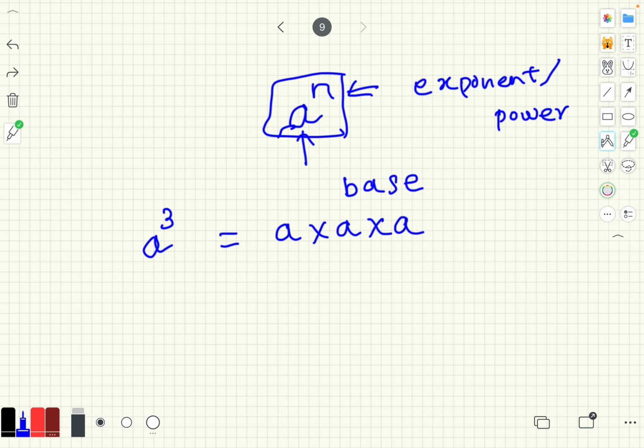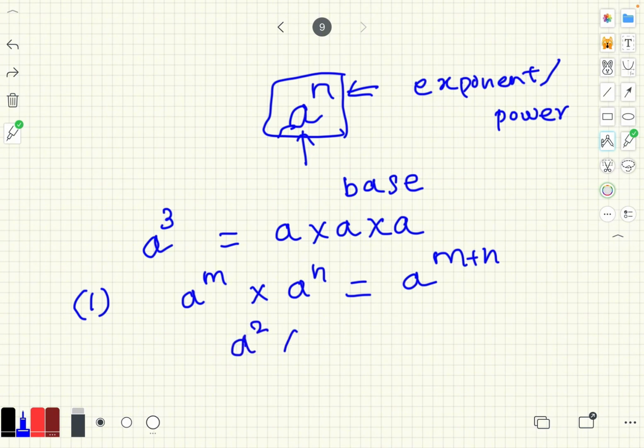Let's see the first law. The first law is a^m times a^n can be written as a^(m+n). Let's try to understand the credibility of this law. For example, let me take a^2 times a^3.